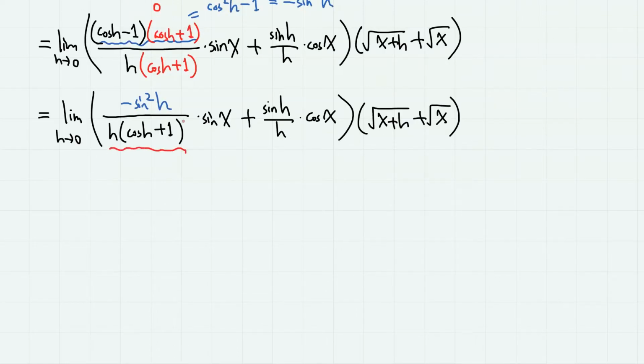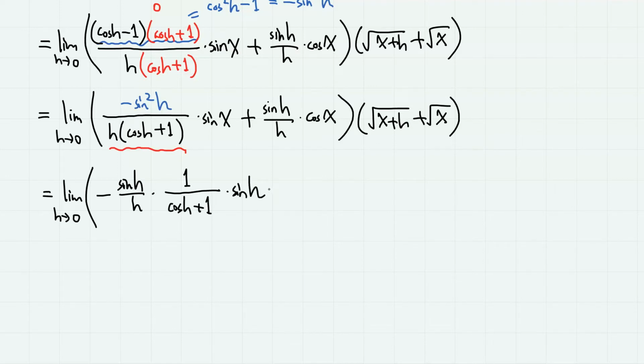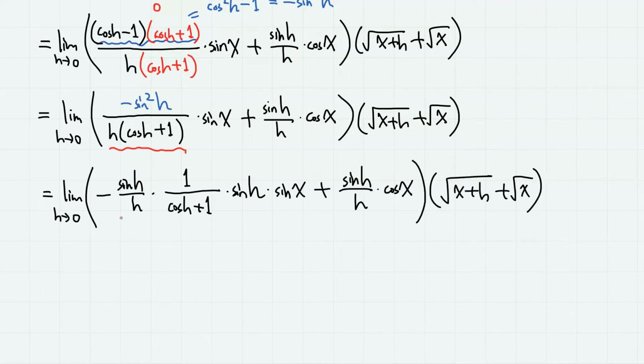Now, for this part, we further split it into minus sine h over h times 1 over (cosine h plus 1). Then we have one more sine h left. Then we have sine x. So now, this term approaches 1, and this term approaches 1 over 2, and this term approaches 0, and this term approaches 1, and this term approaches square root of x.